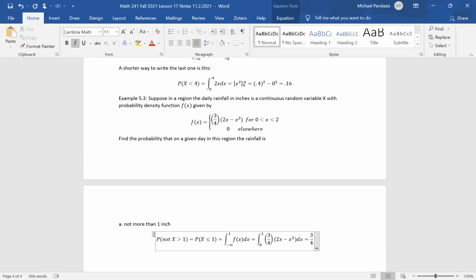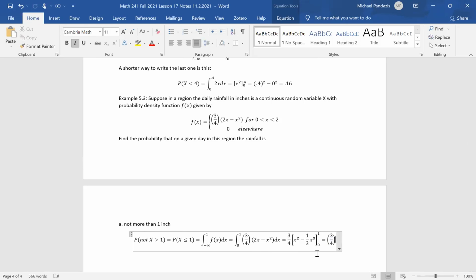So you have 3/4 as a constant that you move outside, and then the antiderivative is x squared minus 1/3 x cubed. You want to evaluate it from the lower limit 0 to the upper limit 1.